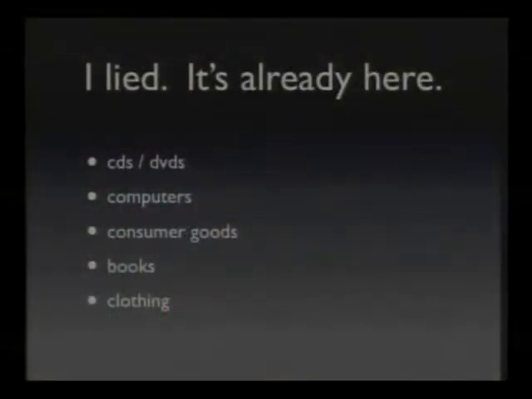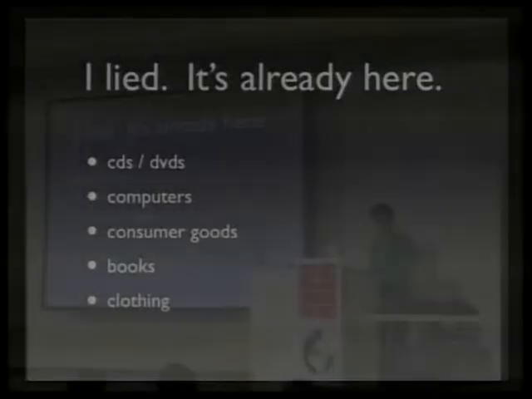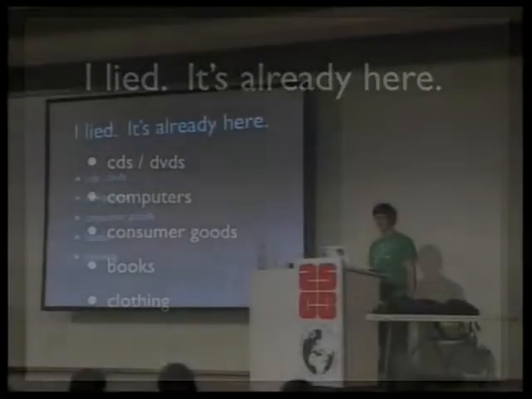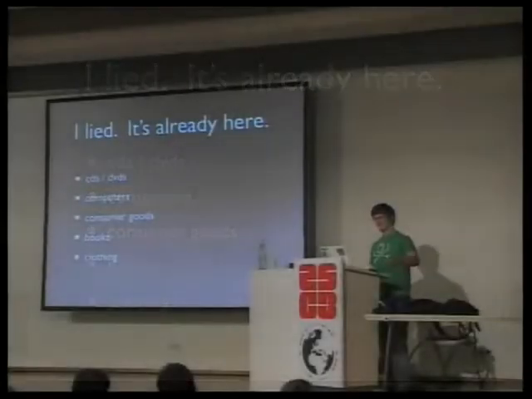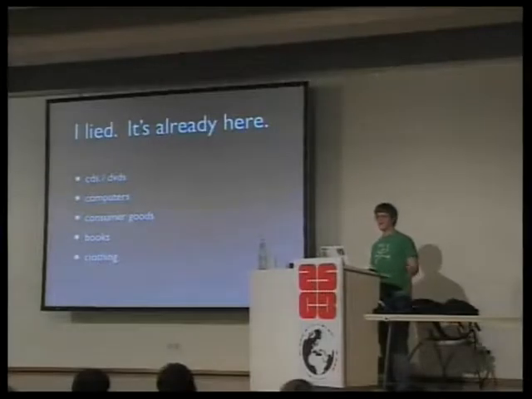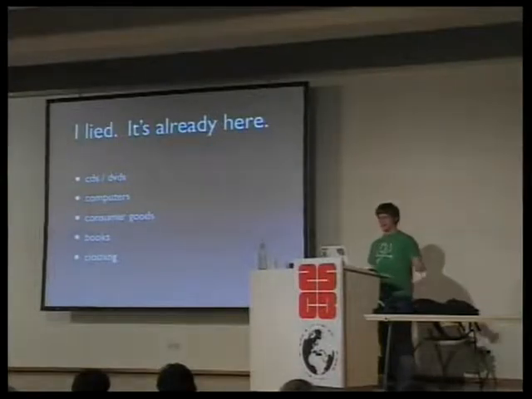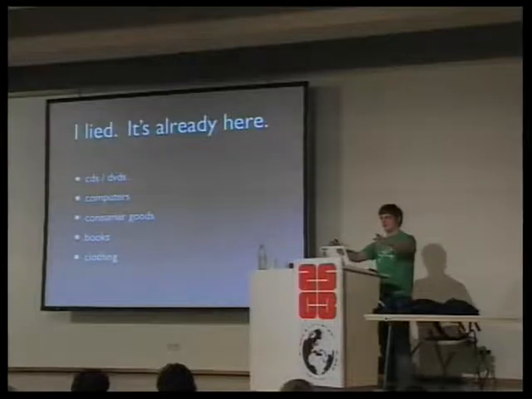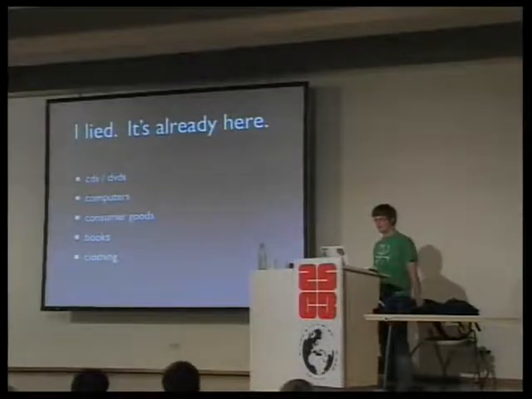A huge amount of the things that you use in your day-to-day life are actually made either wholly or in part by digital fabrication. CDs and DVDs that you use to install stuff are written and stamped by automated processes. The computers and electronics that I'm using to talk to you today are made with automated photo plotters, CNC machines, pick-and-place machines, and all sorts of these automated tools that build electronics.